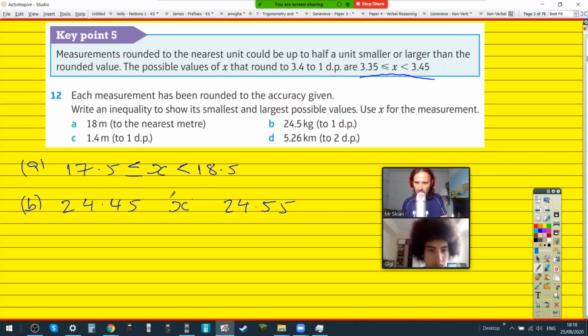And what's the difference between these two? That one has the line underneath it, the one on the left. Yeah. And that one doesn't. Well done.